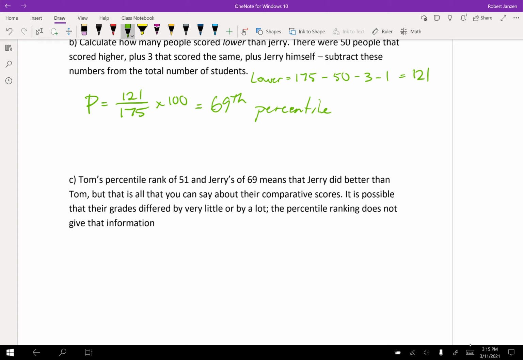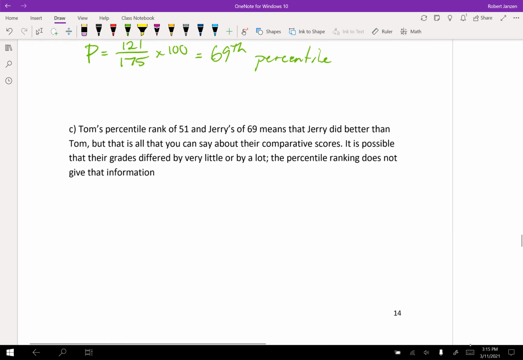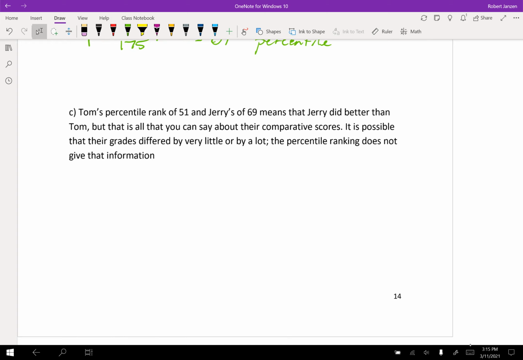The reality is that Tom was 51. Let's just make up a mark, he may have had a mark of 80. There may have been a whole bunch of people that had a mark of 81, and Jerry might have had 82. Okay, we don't know how far apart they are. We don't know how much better one did than the other. We just know in the context of the 175 that were in there.